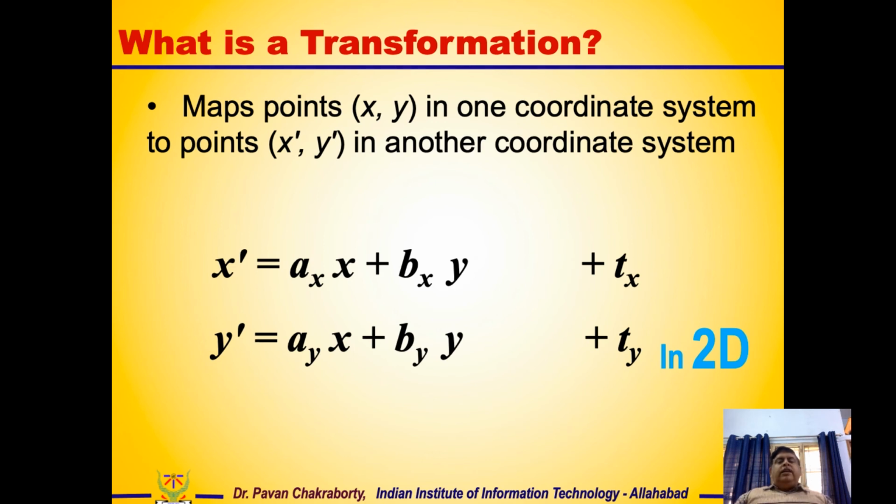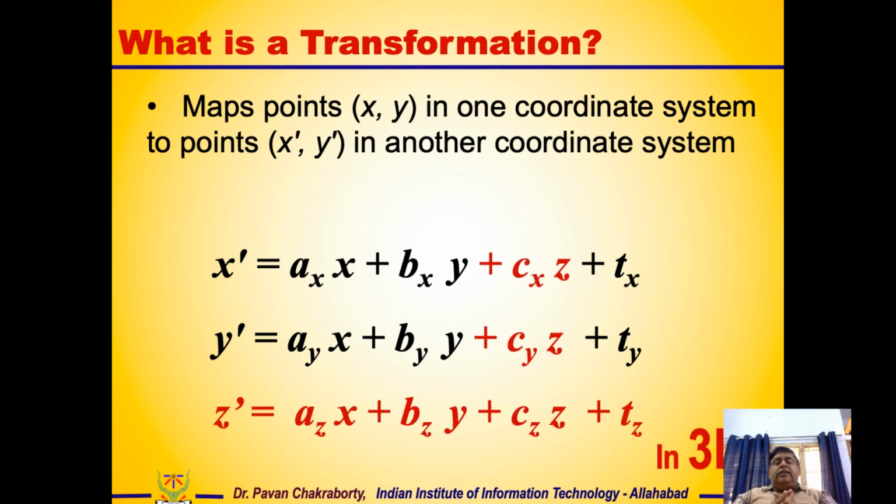And obviously, in 2 dimensions, I can add another term called translation. The origin of x and y and x prime and y prime need not be the same. The origin may be different, and to change the origin, I add translation, which is defined as tx and ty.